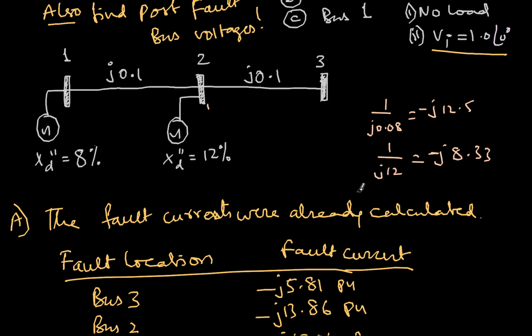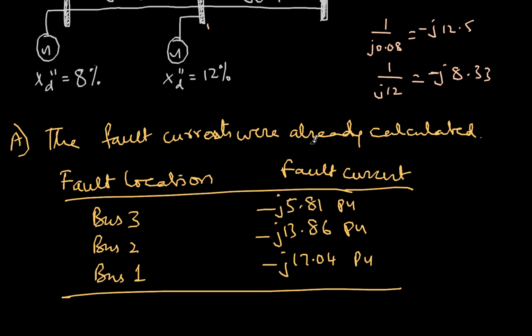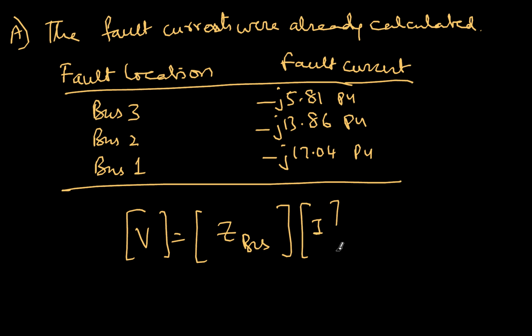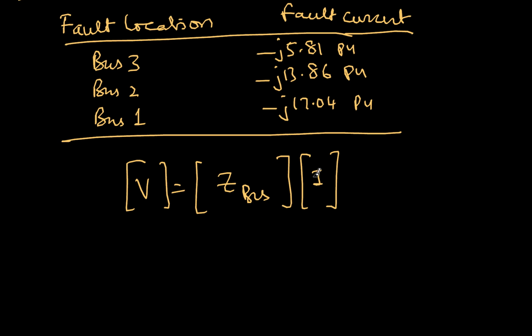Using the Thevenin's impedance model, we will get the delta V, the changes in the voltages. You all know V is nothing but Z bus into I. So if this I is delta I, then I'll get delta V. Then I'll subtract this delta V from the original V, and I'll get the correct answer.